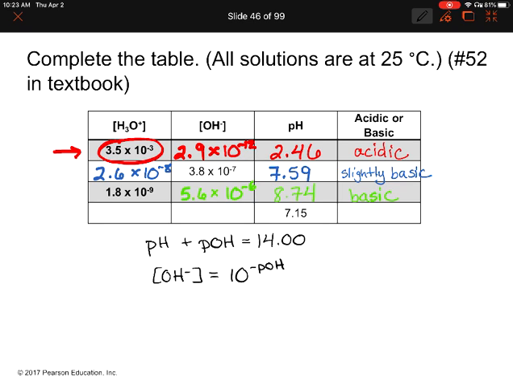And we also do have the pH value, so we can use this expression to find the concentration of hydronium ions. Or maybe we just figure out the concentration of hydronium ions from the pH, and then we use the ion product constant to figure out the concentration of hydroxide ions.